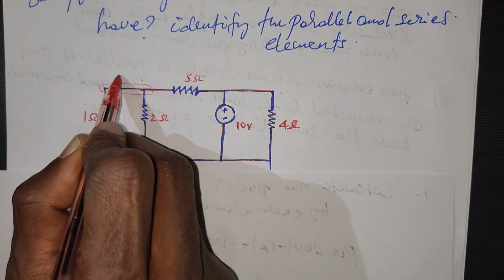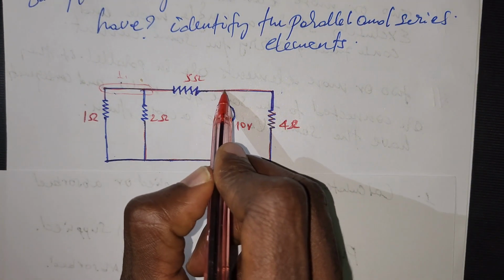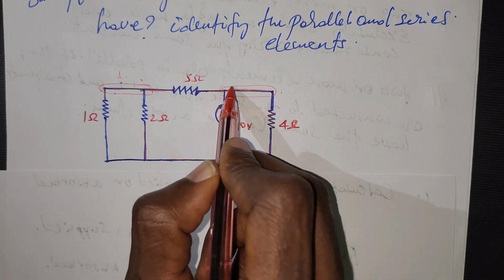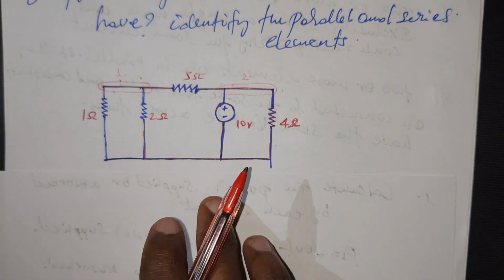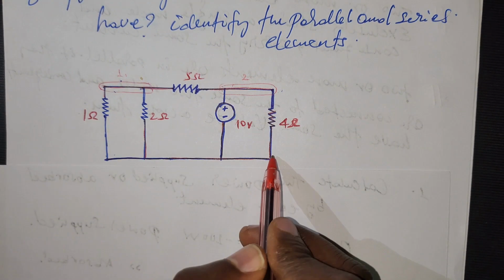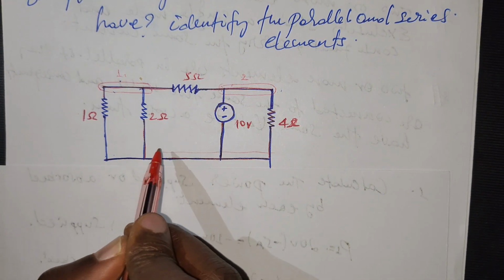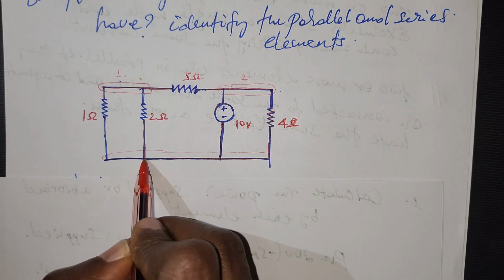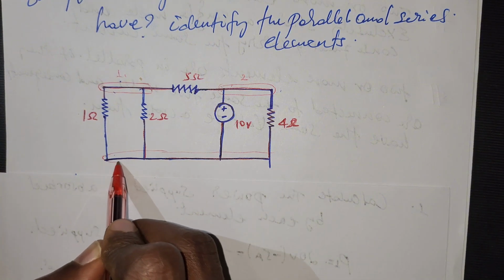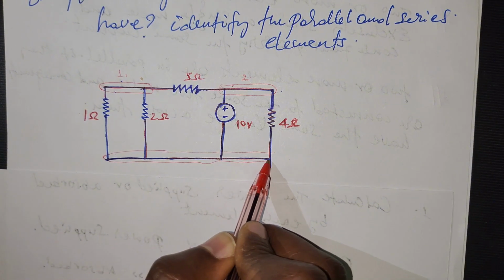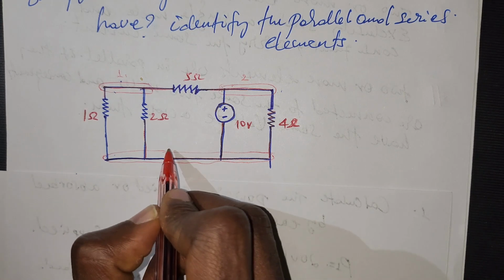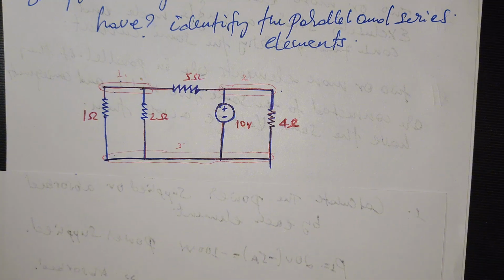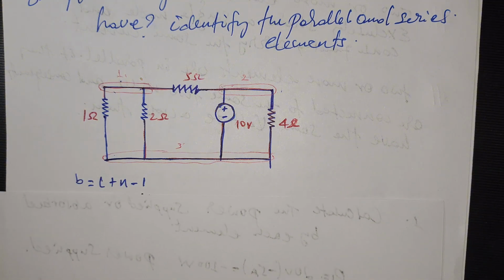Let's say this one is the first node, and this one is also connected with a short circuit, and this is the second node, and the third one is this one. This is the common ground for these four junctions, so this is reduced into the third node. So this network topology has three nodes.